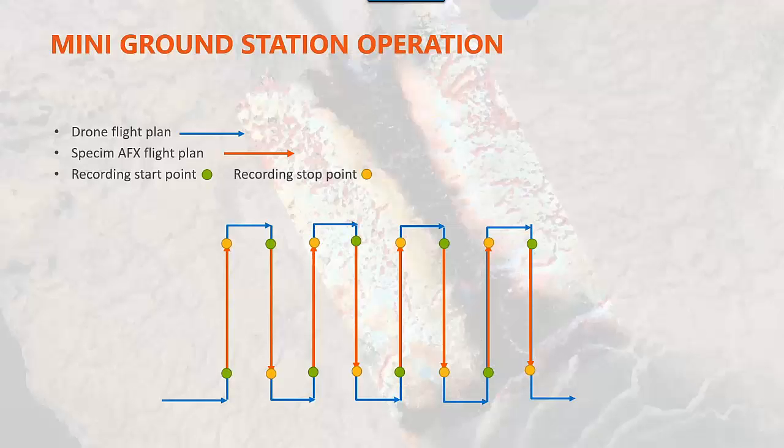And then when it flies via the yellow ending point, the recording stops. And the same process continues for each and every one of the flight lines. So the system will automatically record the data and it will be available for download after the mission from the AFX sensor.